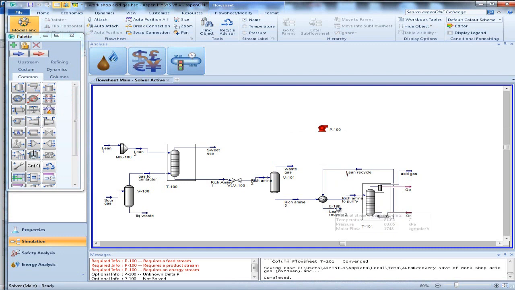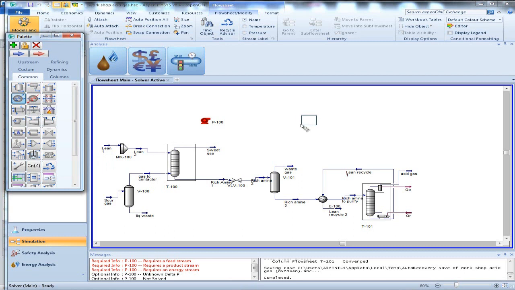Not only that, this is the temperature at 81 degrees Celsius, and this is the temperature at 35. So we have to reduce some temperature before adding here. So shall we put some cooler first and some makeup water.